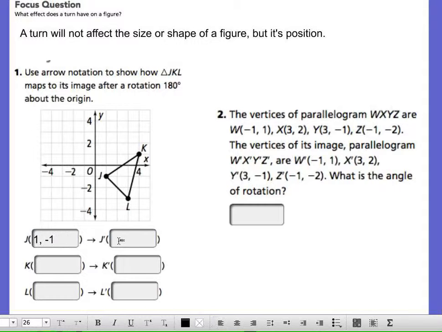So x will still stay x and y will stay y, but they will switch signs. It becomes (-1, +1). K is at (4, 1). So K prime would be at (-4, -1).